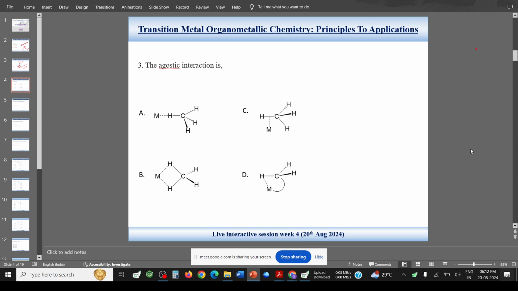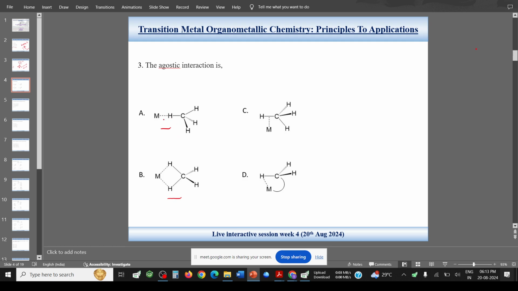Option B, sir. Okay. Then if it is option B, then why not option A? Because you can see that option A and B is slightly different.